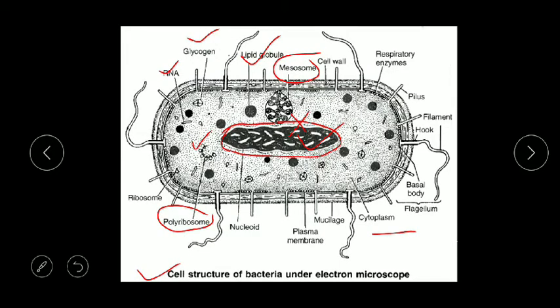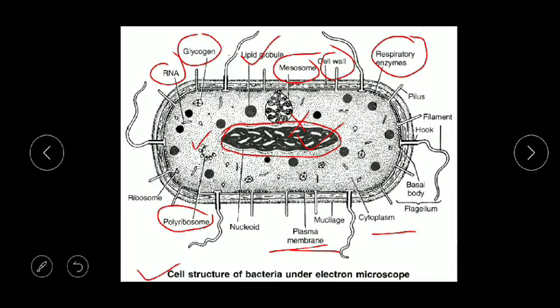But when we see the outer boundary, you can see that there are some respiratory enzymes which are associated with the plasma membrane. Now the plasma membrane is the innermost, as you can see. Outer to the plasma membrane is the cell wall, and outer to the cell wall you will find a glycocalyx.